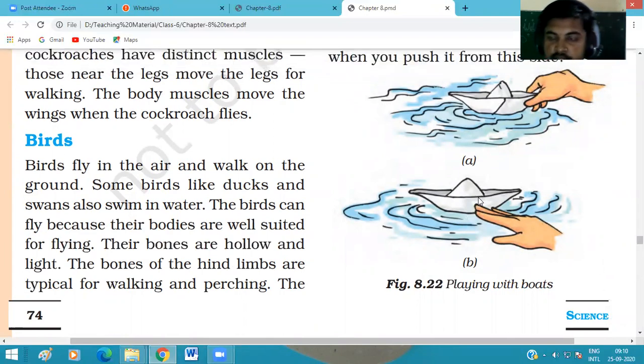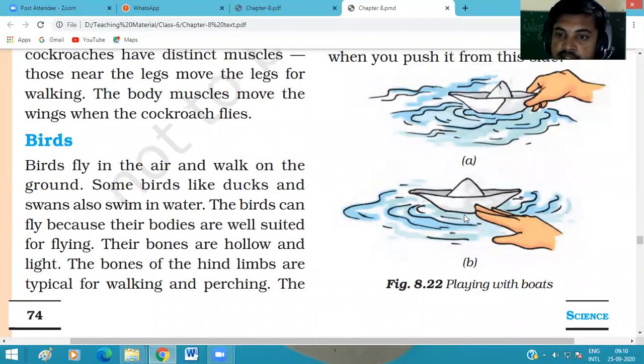it repels the movement. It does not move through the side direction. Why? Because its shape allows the boat to move in this direction, because both its front side and back side have a streamlined shape.